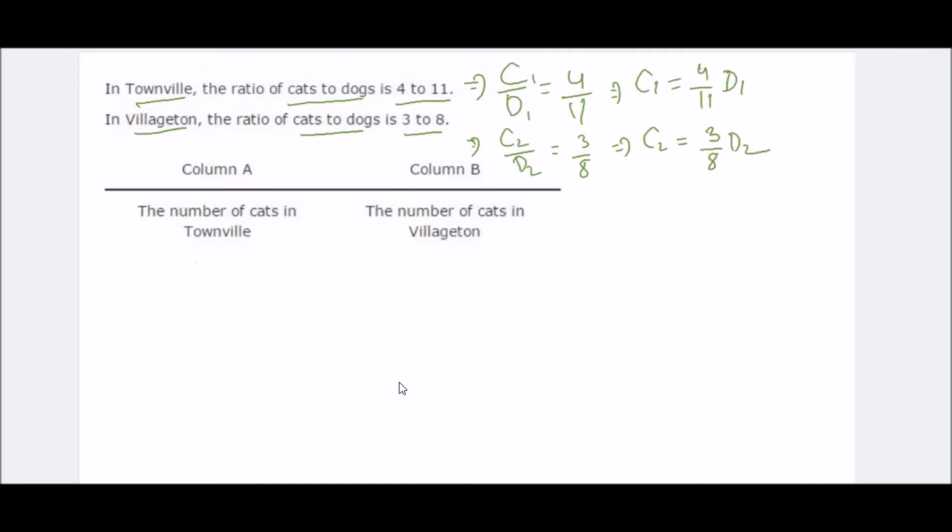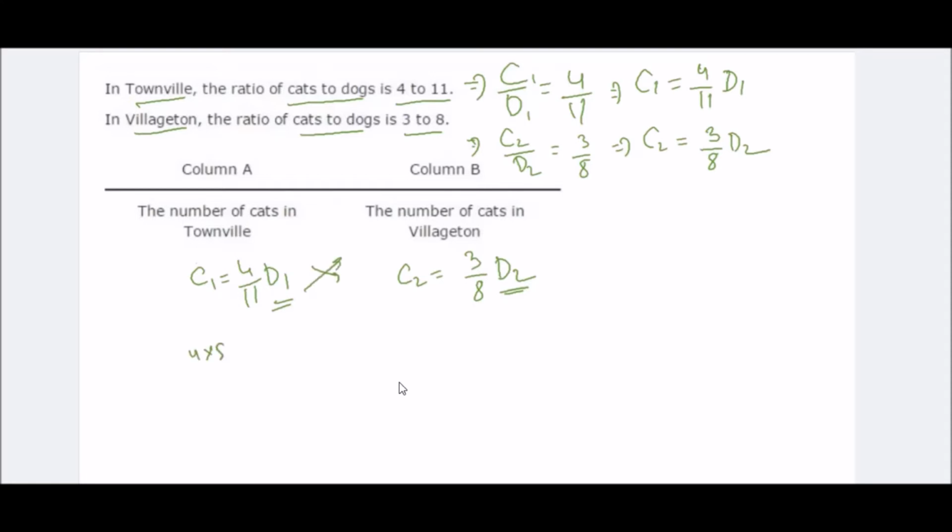So the number of cats for column A will be C1, which is equal to 4 by 11 D1, and the number of cats in Village Town will be C2, which is equal to 3 by 8 D2. But we don't know the values of D1 and D2, so we can't conclude which one will be greater, right? For ease, we can cross multiply it.